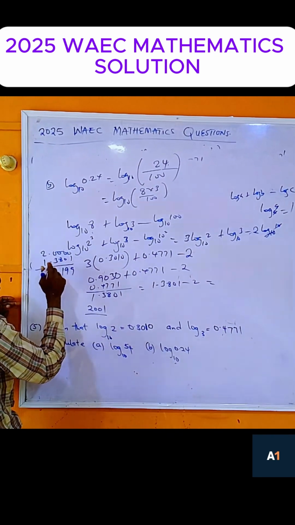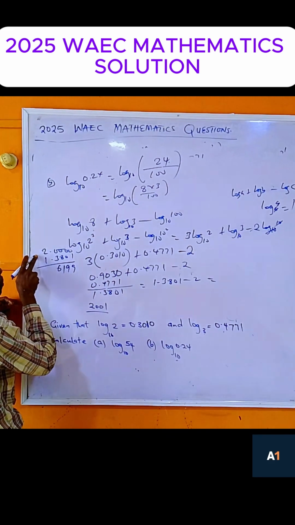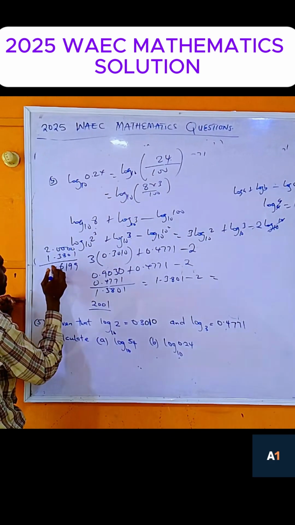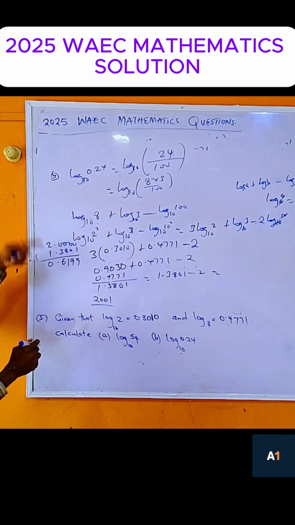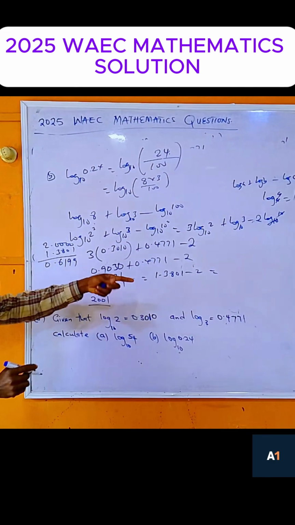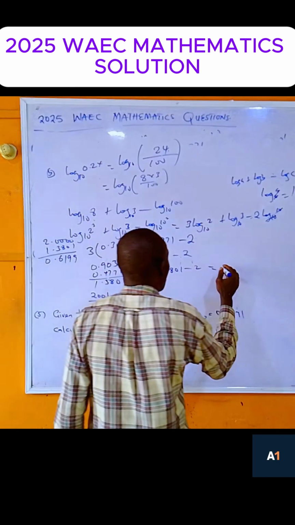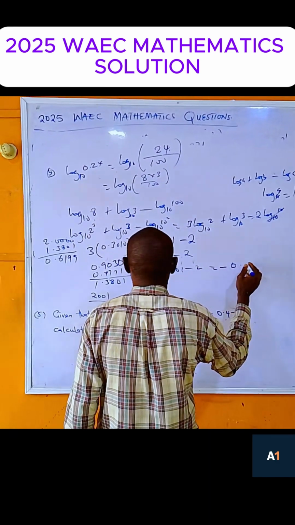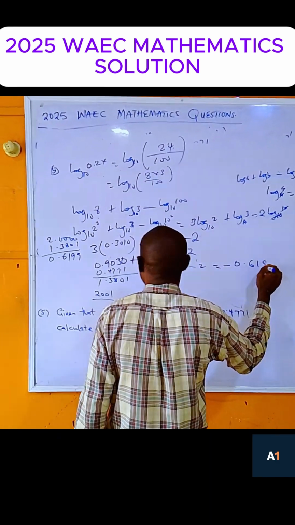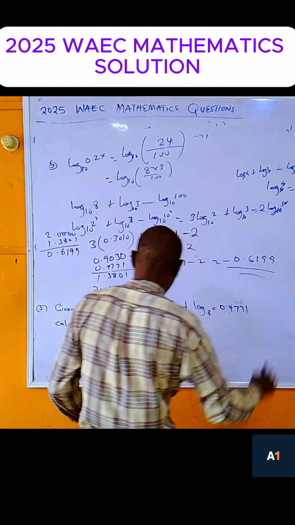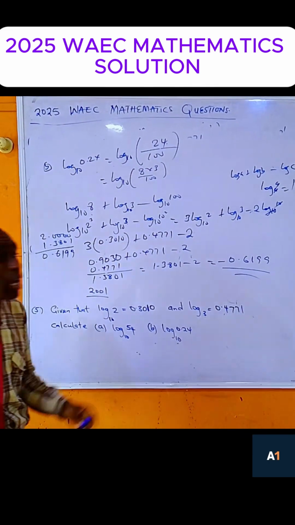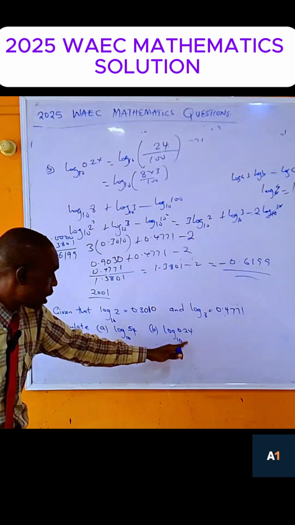This will be 9 as well. This is 0. So this is 1. So 0.0. Because this one, we call it minus, to make it more easier, that's why. So this will be minus. So the answer will now be minus 0.06199. So here is the answer for this. This is the final answer for this particular question.